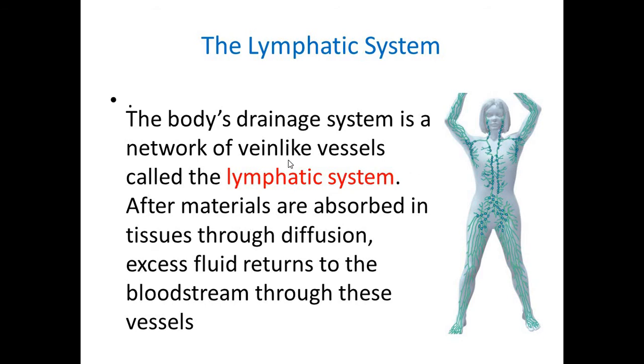So the lymphatic system, I said, returns the excess fluid that left the capillaries and is found in the area between tissues and cells back to the bloodstream through vein-like vessels. Fluid or lymph contains water, white blood cells, glucose, and other materials.